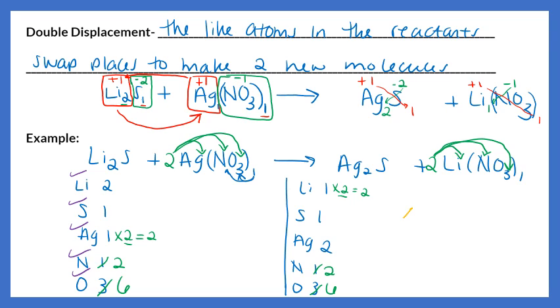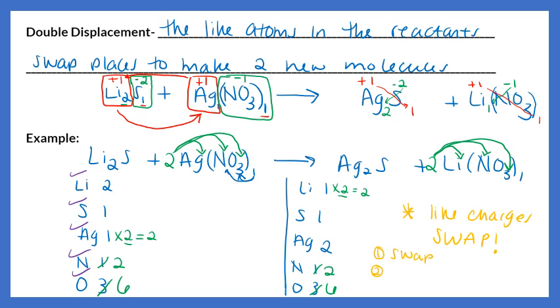Good. So again, for this double displacement, the like charges swap. And then you have to, so number 1, you swap.